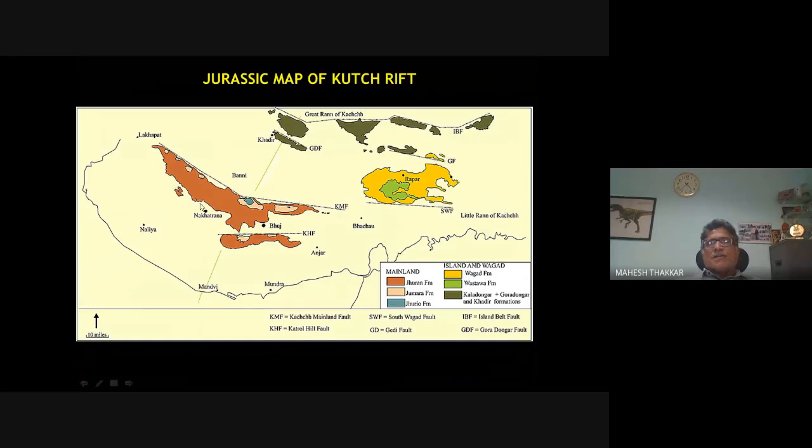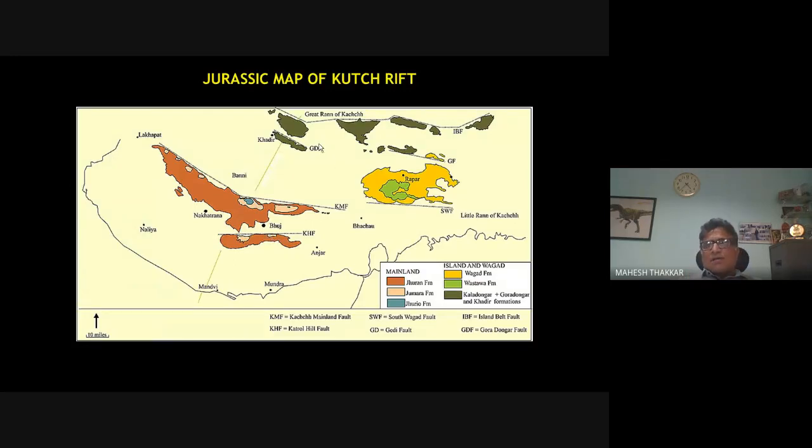Now just look at the map of Kachchh. Only the Jurassic map we have shown here. That means Mesozoic, not even Cretaceous, only Jurassic systems, which in Kachchh are rift-filled sediments. Because the Cretaceous, the several upper Cretaceous, are open systems, open embayment systems.